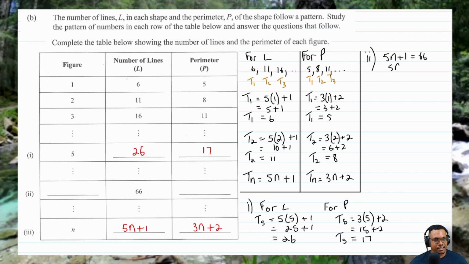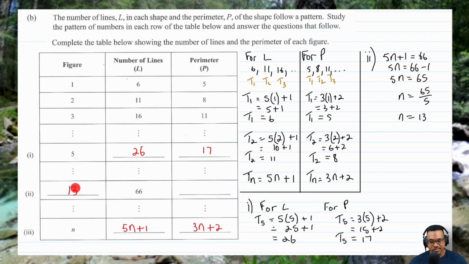So I'll have 5n is equal to 66 take away 1. So 5n is equal to 65. Transfer the 5 across, the operation changes from 5 multiplied by n to n is equal to 65 divided by 5. Opposite of multiplication is division. So n is equal to 13. So I'll be putting 13 here.